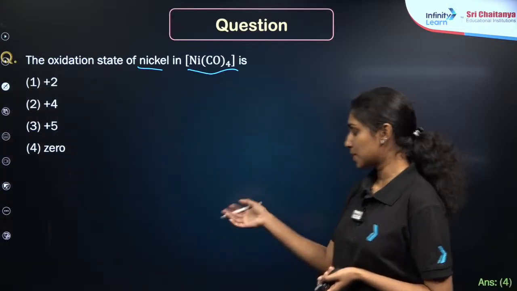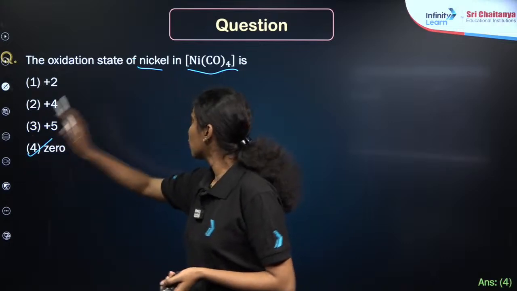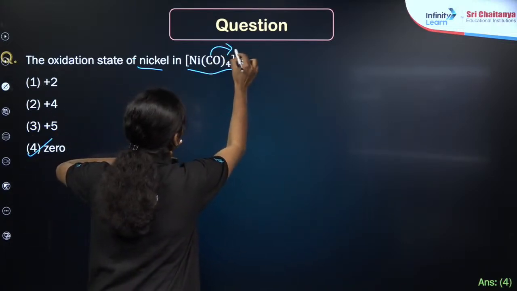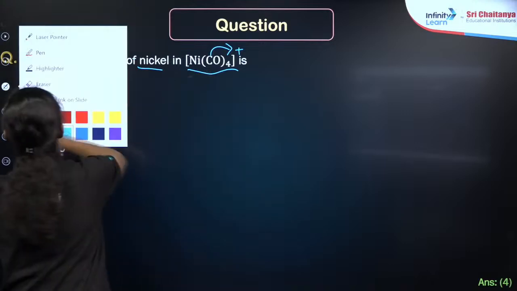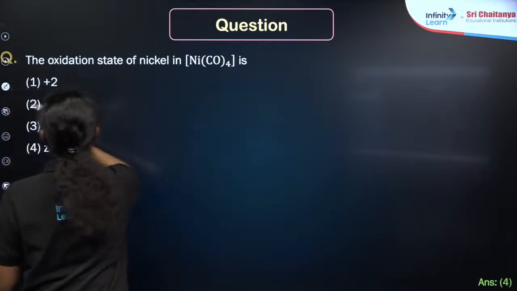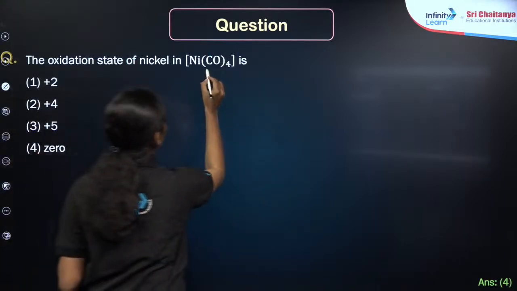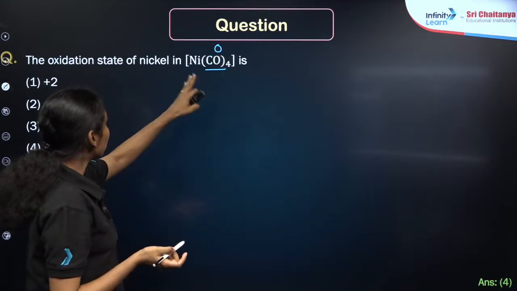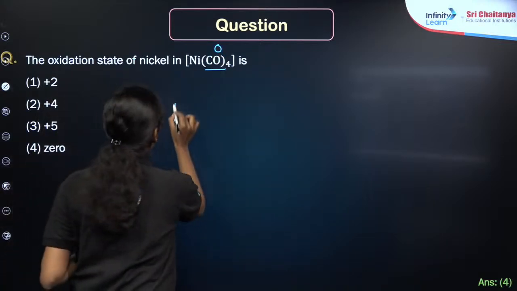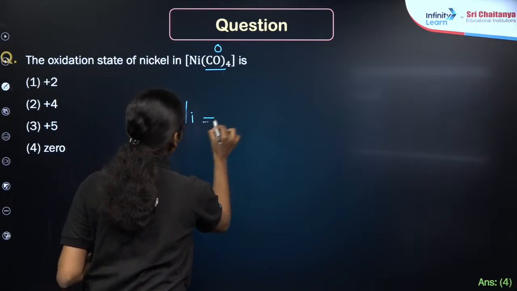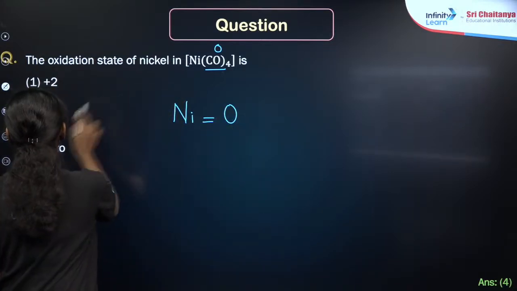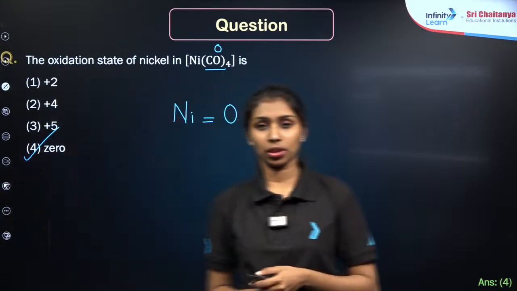Yes, the correct answer is option D, that is 0. As we know, in carbonyl compounds, carbon monoxide is a neutral molecule. It has a charge of 0, right? So in total, whenever we calculate the oxidation number, nickel has an oxidation number of 0 in the nickel carbonyl compound. Clear? Option 4, 0, is the correct answer.